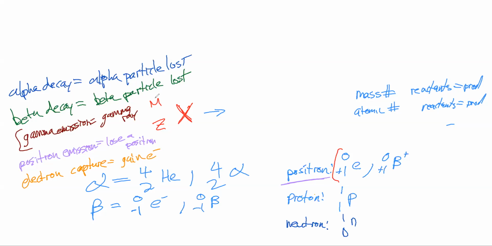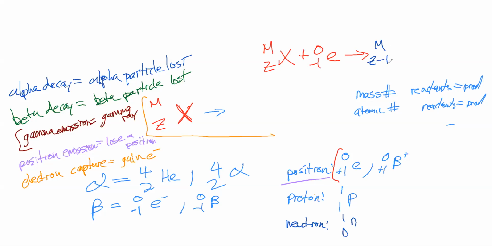So if we want to take this unknown one here and we want to do something like electron capture, when we write that, we're going to get our M, our Z, and our X, and then we're going to add to that an electron. So what should our product be? Does our mass number need to change? No, it's just your atomic number. Right? It's just the atomic number.